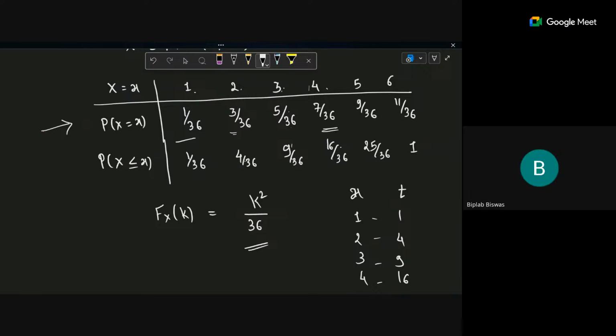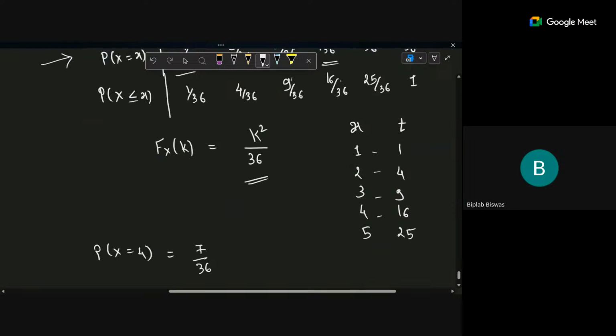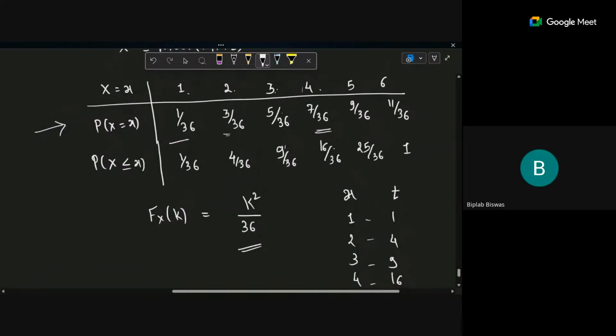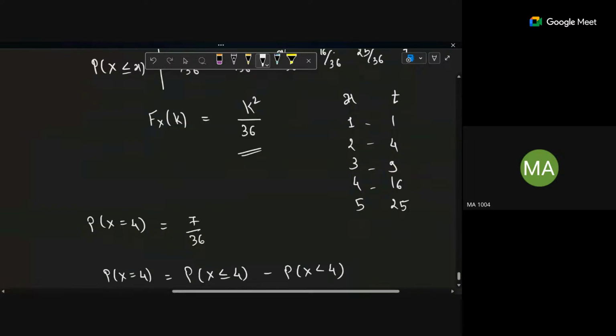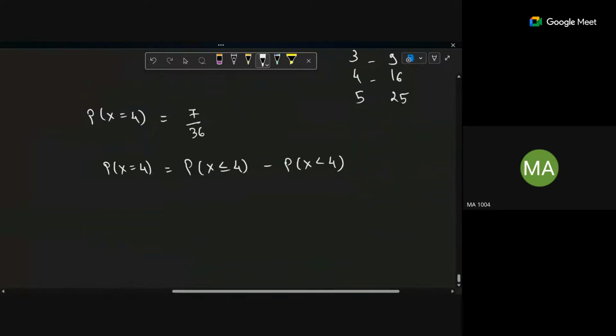Got it? Yeah, got it. So you need to add the probability of all the events that have occurred till the point x is equal to 3. Okay.